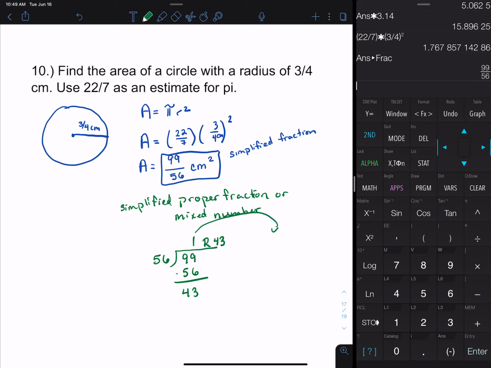So that 1 is the whole number part. That remainder 43 is my numerator, and that denominator 56 stays exactly the same. So if they ask me for an answer as a mixed number, I would say it's 1 and 43/56 centimeters squared.